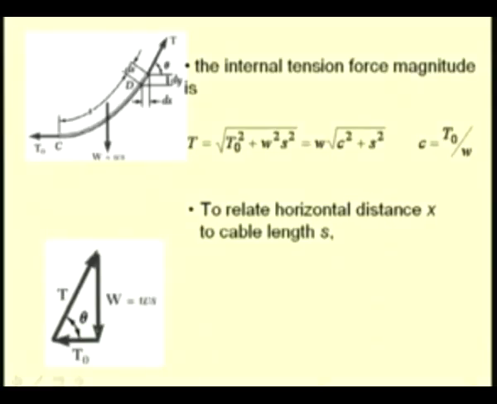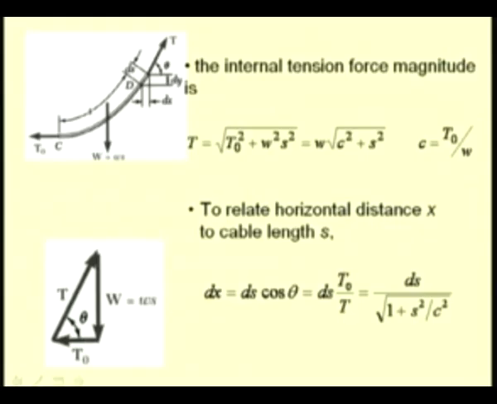So, first let us relate this x with the cable length S. So, for that we consider this differential element ds, which spans dx and dy along the horizontal and vertical directions, and write the equation. So, for a very small element, dx is equal to ds times cos theta, and cos theta can be obtained from this force triangle, which is equal to T naught by T.